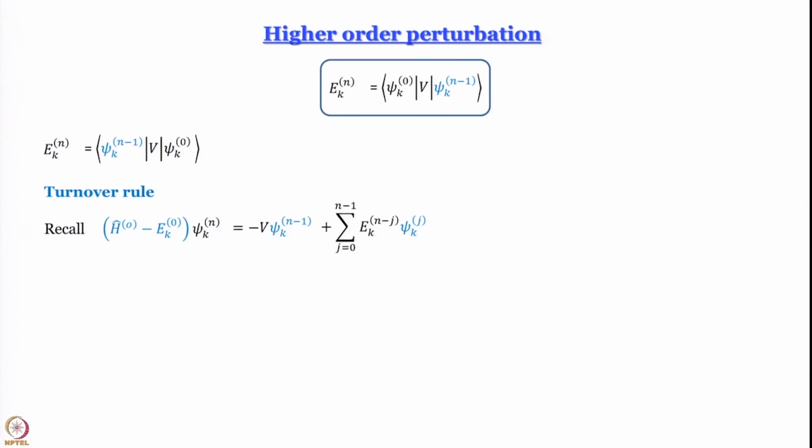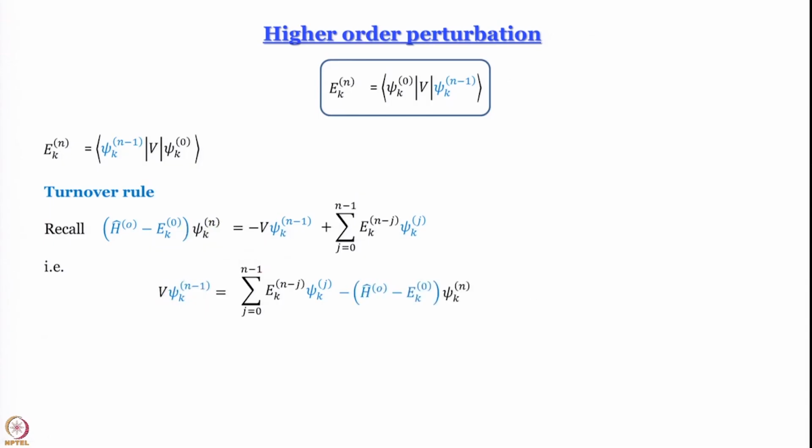First, we are going to make V psi k n minus 1th the subject of the formula, bring it to the other side. Then on the right hand side you will be left with the summation, and you have to bring the term h 0th minus E k 0th operating on psi k nth to the right hand side, where it will get a minus sign.